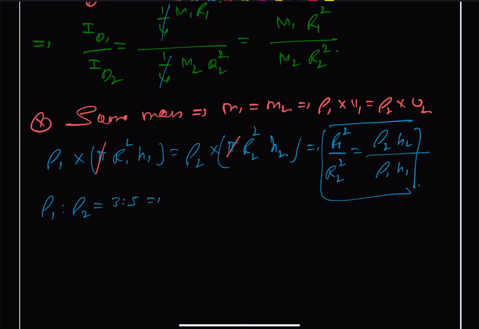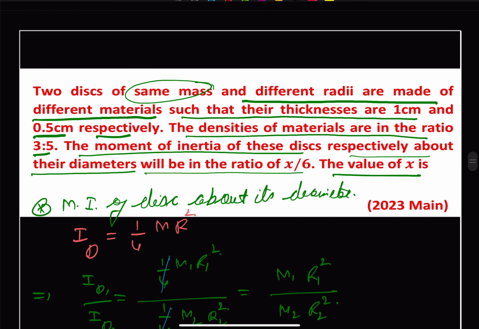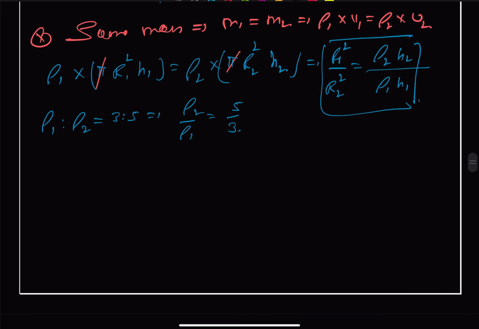So from here we can say rho 2 upon rho 1 is equal to 5/3, and thickness is 1 and 0.5 centimeter, so we can say that h1 is equal to 1 and h2 is equal to 0.5.